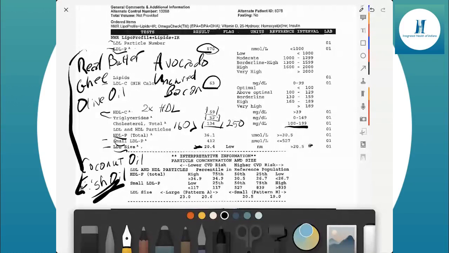you don't get those on the traditional cholesterol test. On the traditional cholesterol test, you'll get VLDL, you'll get HDL, you'll get LDL, and you'll get triglycerides. And that's it. And it's in the details.